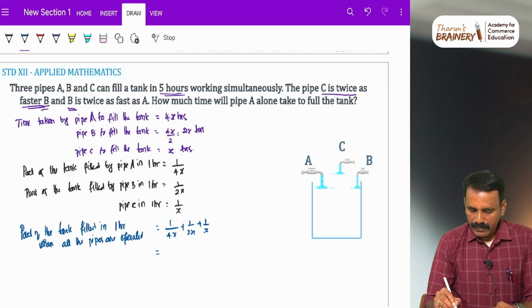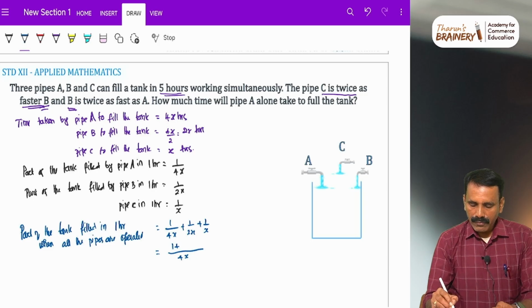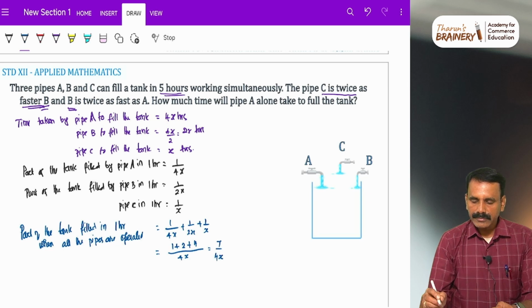Your LCM will be 4x. So, this is 1 in 4x, 2x will go 2 times. So, it is 1 plus 2 plus 4, which is equal to 7 divided by 4x.